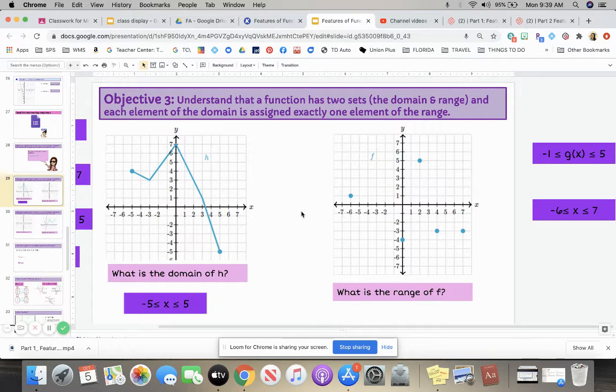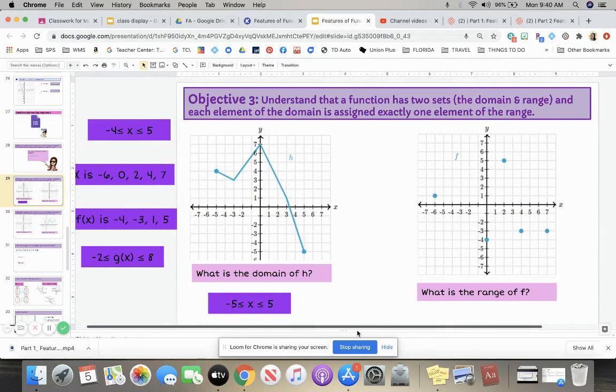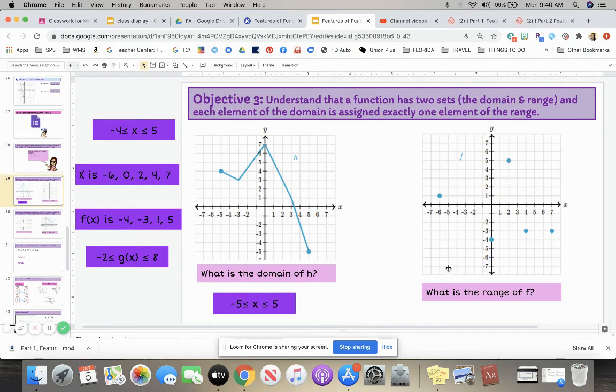Okay. What's the range? So those are our y values. I'm going to find my lowest point, which is -4, and it goes up through here and then up to +5. So -4 was our lowest. And then I have -3, 1, and 5.